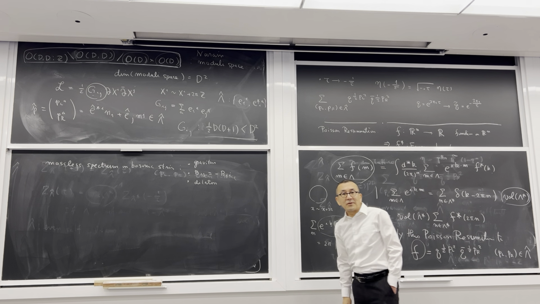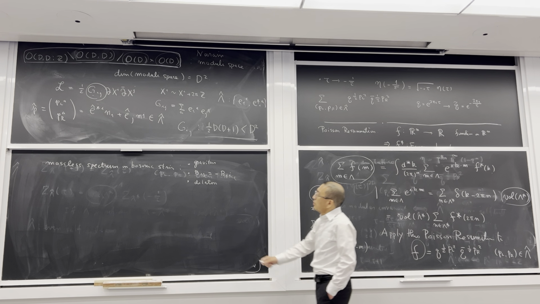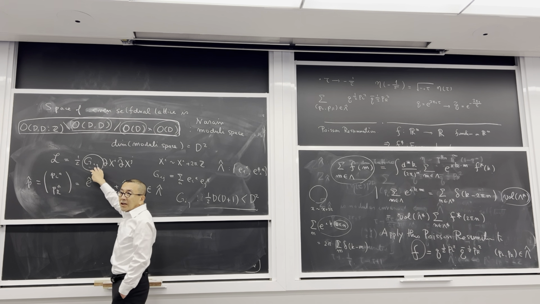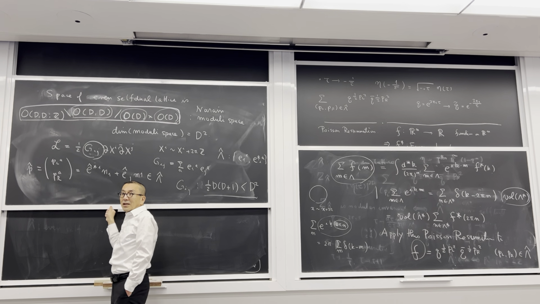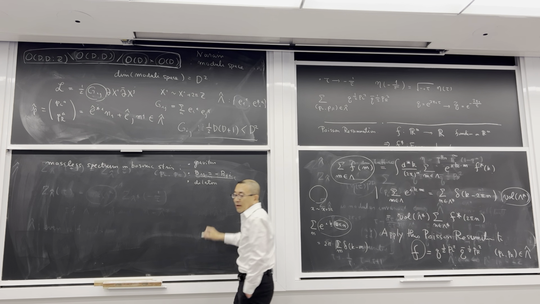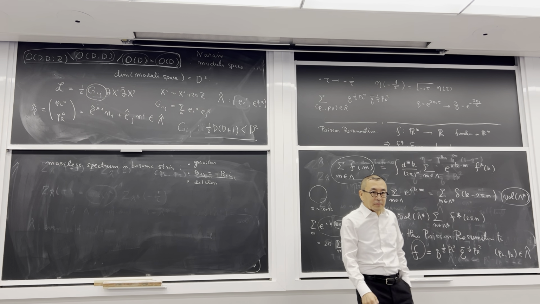So you have three types of degrees of freedom. This Gij corresponds to the deformation by condensation of the graviton. But we did not take into account this antisymmetric tensor field.